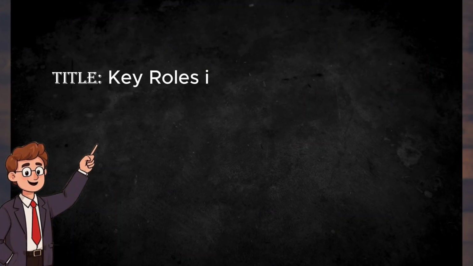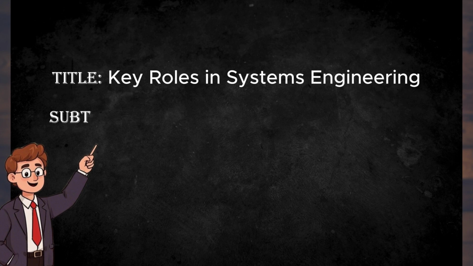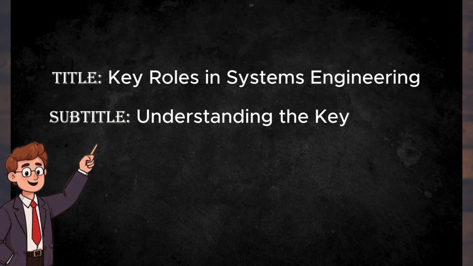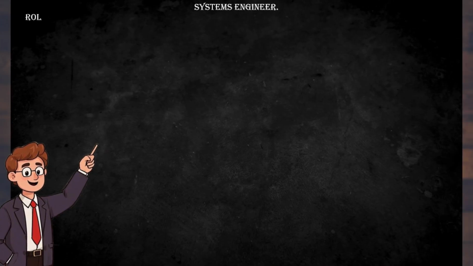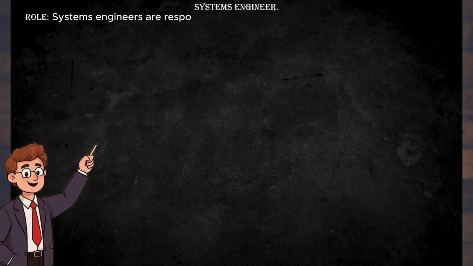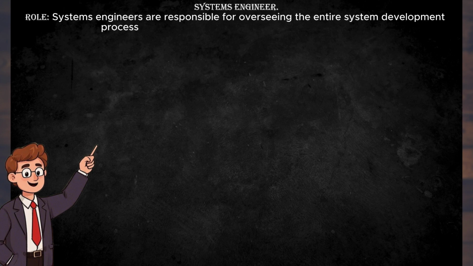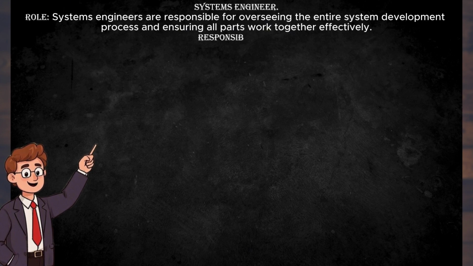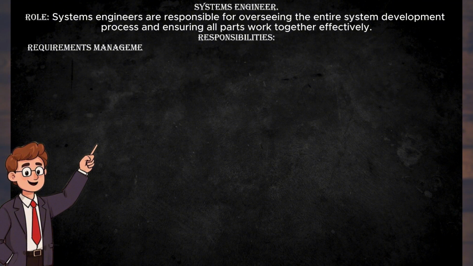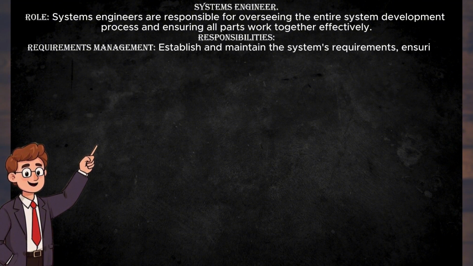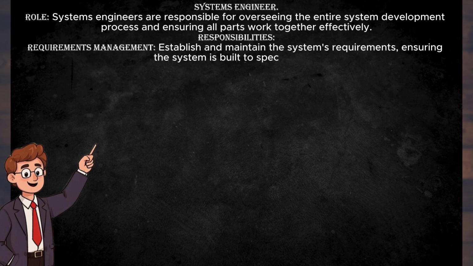Title, Key Roles in Systems Engineering. Subtitle, Understanding the Key Players. Systems Engineer. Role, systems engineers are responsible for overseeing the entire system development process and ensuring all parts work together effectively. Responsibilities, requirements management, establish and maintain the system's requirements, ensuring the system is built to specification.